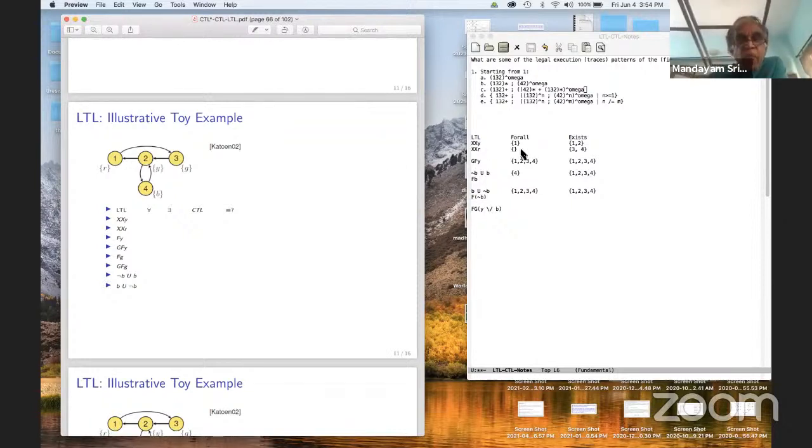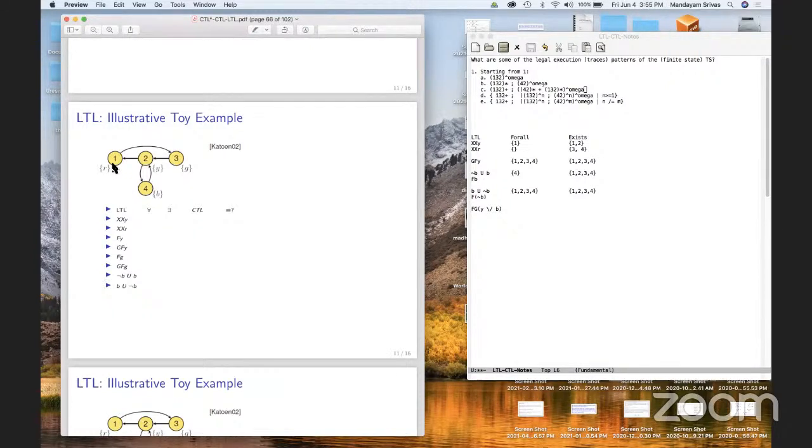XXR is empty. Why? For the for all thing. There is no state for which from every single path originating from that state, you will necessarily visit one within 2 steps.